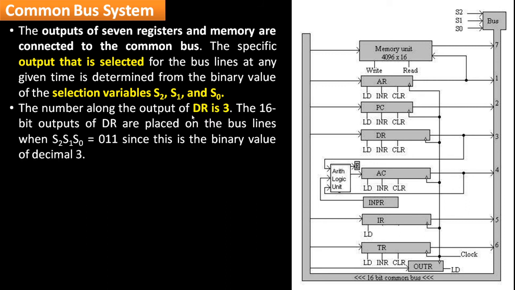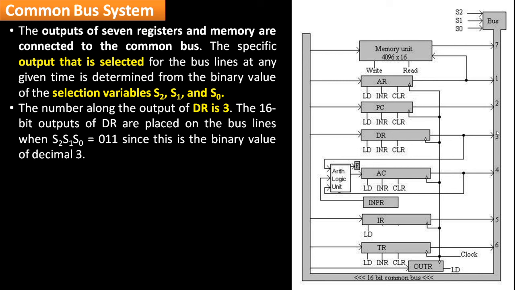The number along the output of DR, the data register, is given as 3. That means if the selection variable is 0, 1, 1, only then the data register will get selected.